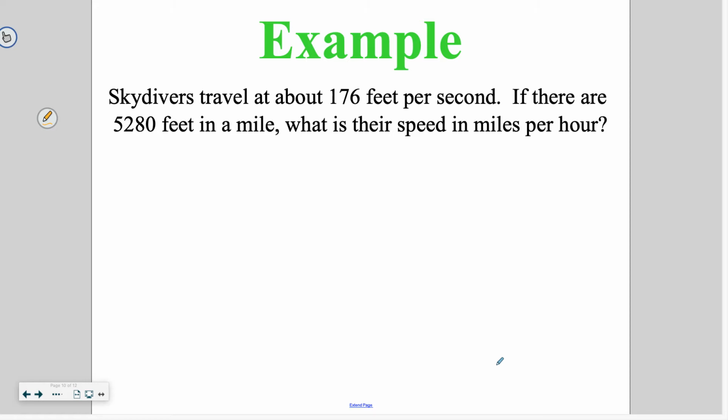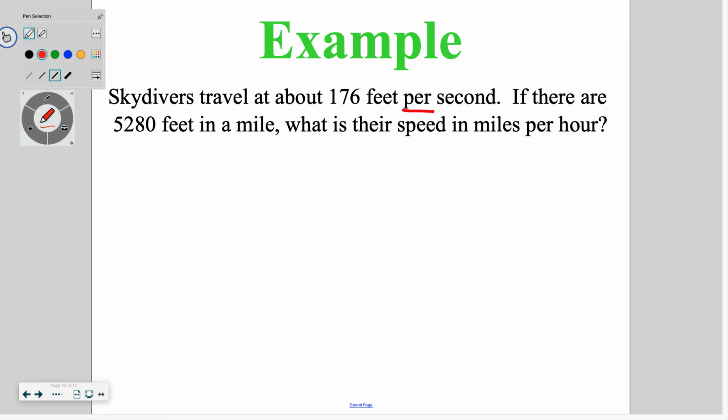The last thing we can do with unit conversion or dimensional analysis is if we have to convert both values. So a skydiver is traveling at about 176 feet per second. If there are 5,280 feet in a mile, what is their speed in miles per hour? So we're going to want to go through and start by setting up our problem.